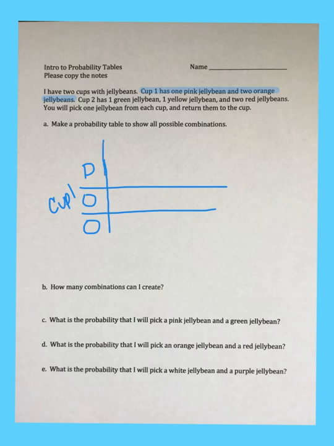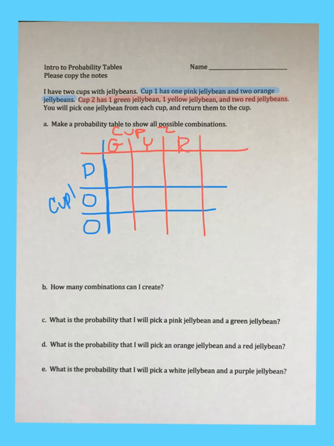Now along the top will go cup number 2. So cup 2 has 1 green jelly bean, 2 yellow jelly beans, and 2 red jelly beans. So now cup 2 is going to go along the top. So this is going to be cup 2. And in here I have 1 green, I have 1 yellow, and I have 2 red.